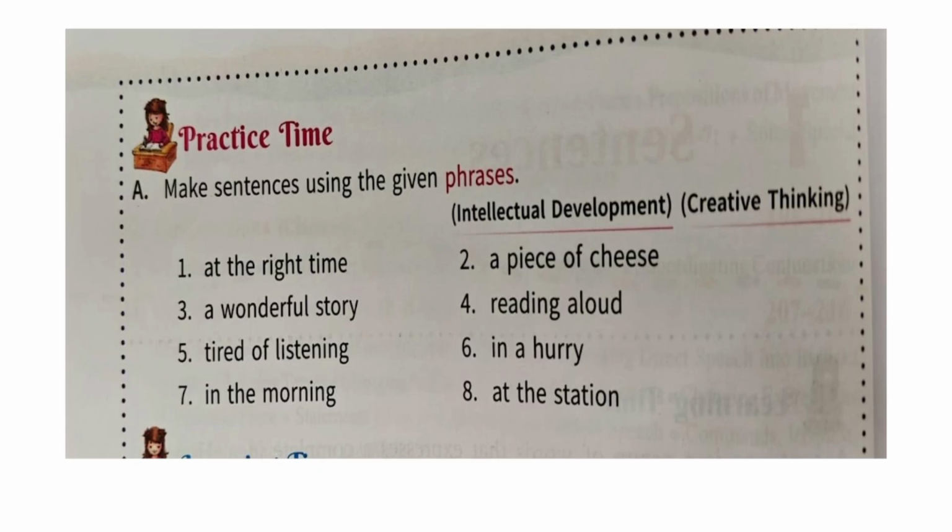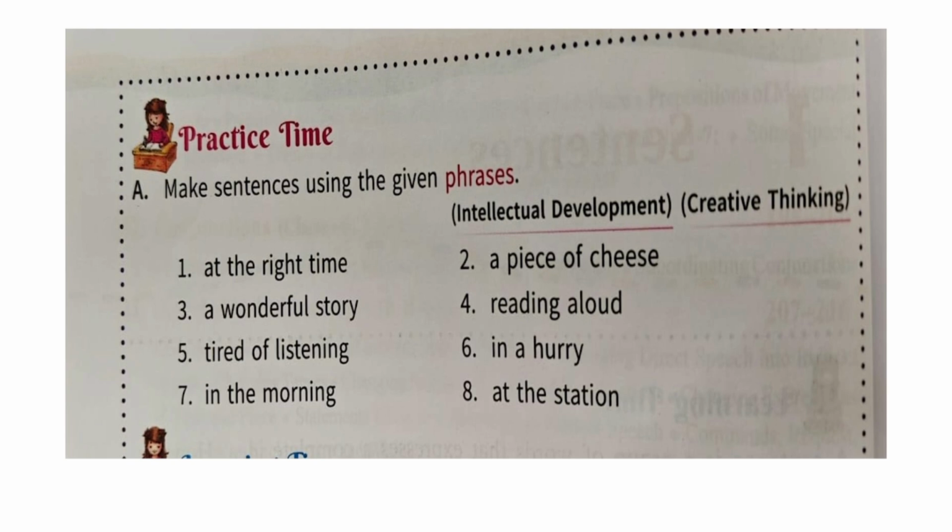Now the first is at the right time. It is making sense, it is not grammatically wrong, but it is just a part of a sentence. It is a phrase, at the right time. How can you convert it into a sentence? She came to the meeting at the right time.